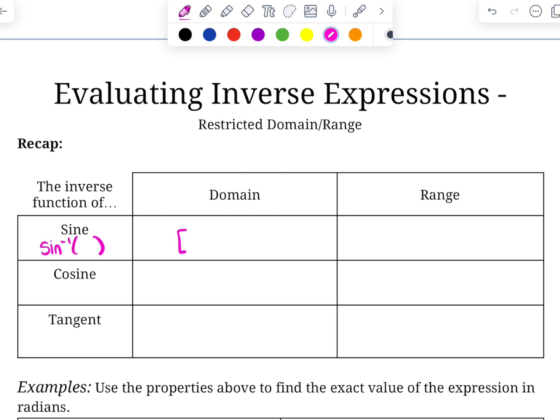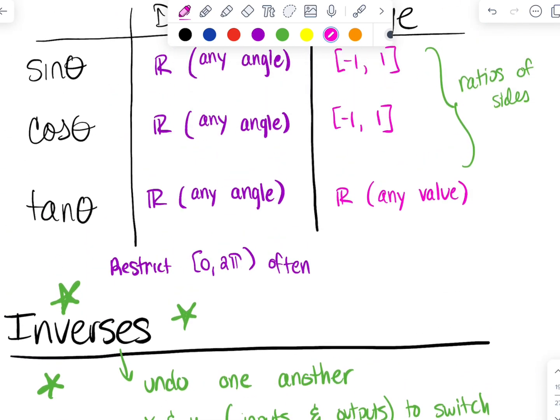We can't put in anything smaller than -1 or anything larger than +1. We've got to be between the ones. That's the bottom line. And then the cosine inverse, same thing, between -1 and 1. The tangent is the only one that is still unlimited, right? Because it's all real numbers for both.